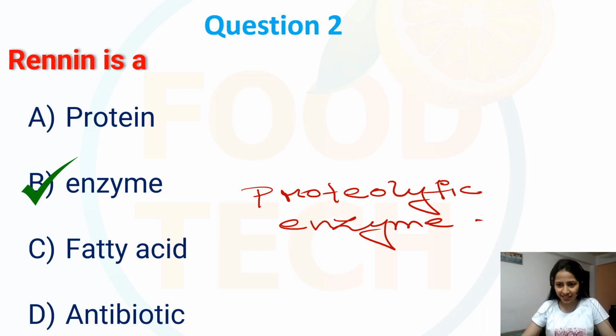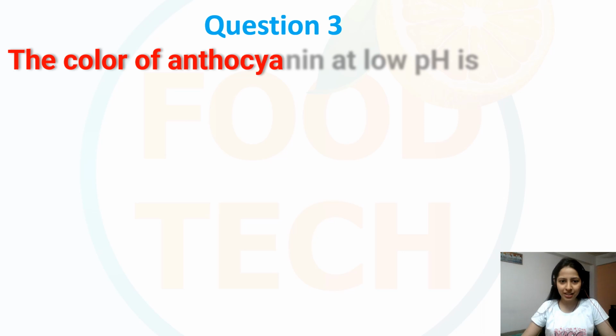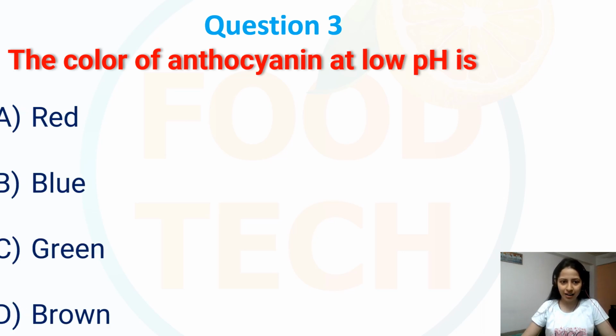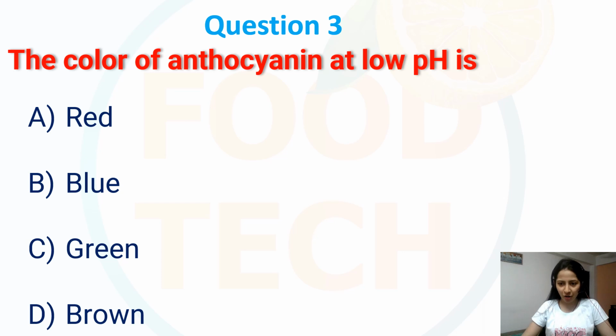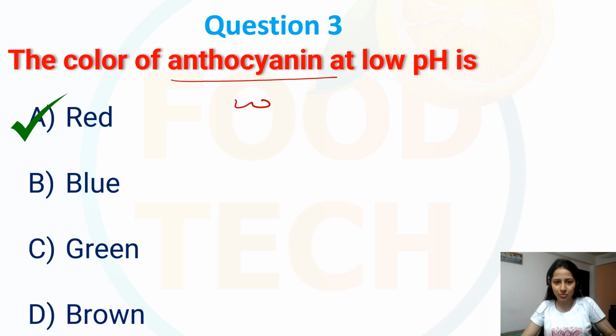Next question, question number 3, the color of anthocyanin at low pH is, so options are red, blue, green or brown. My correct option will be option A, that is red. Anthocyanins are water soluble pigments.